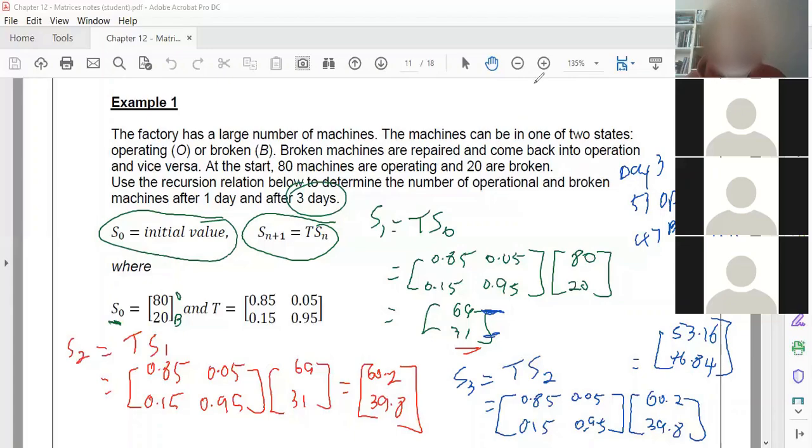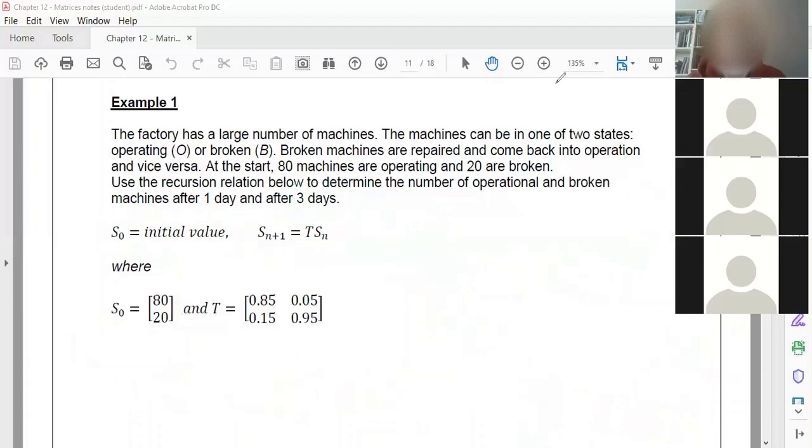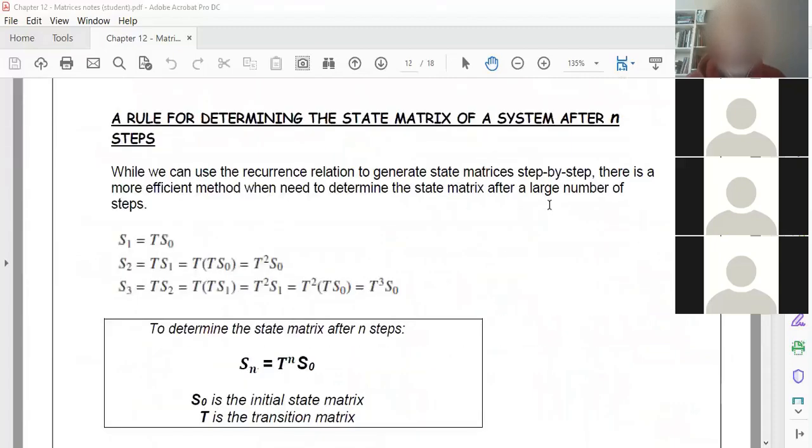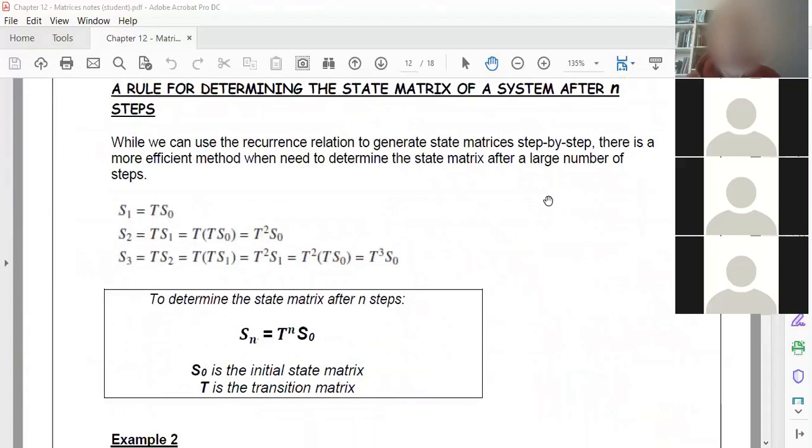Okay, let me clear this. Now instead of doing it that way, we can do it using this rule. S of n equals T to the power of n times S of 0.